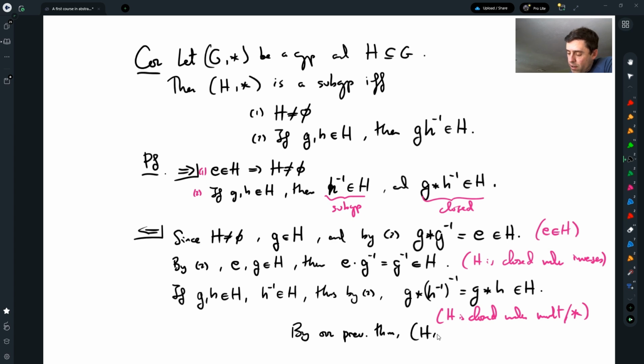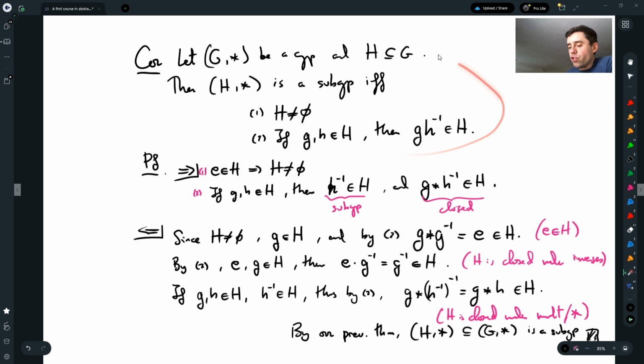H star is a subgroup, which is what I wanted to prove. So we can actually just use this criterion to show that something is a subgroup.